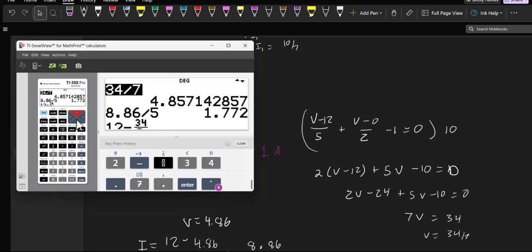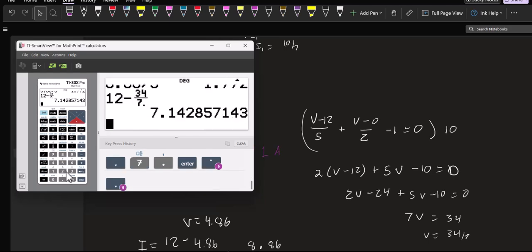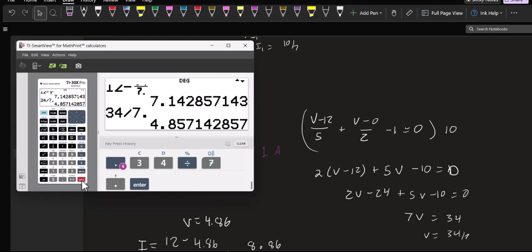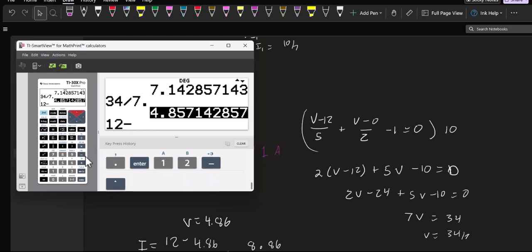Yeah, 34 divided by 7 is 4.85. 12 minus, oh, yeah, I can't subtract.